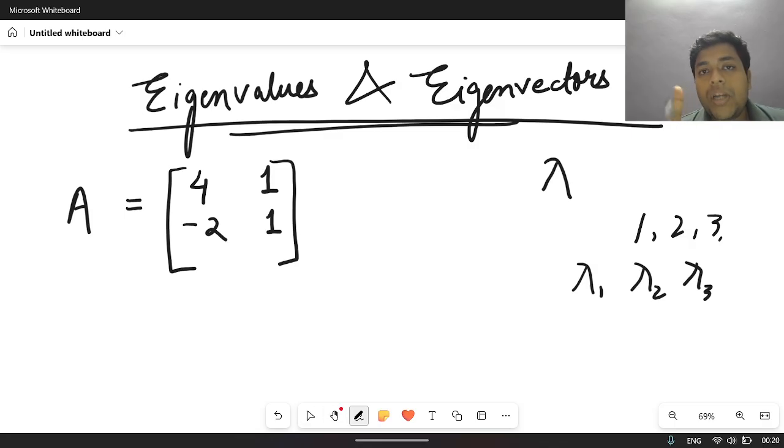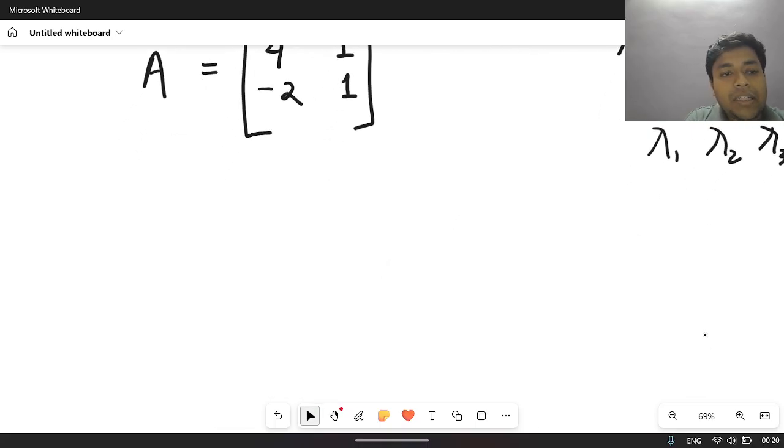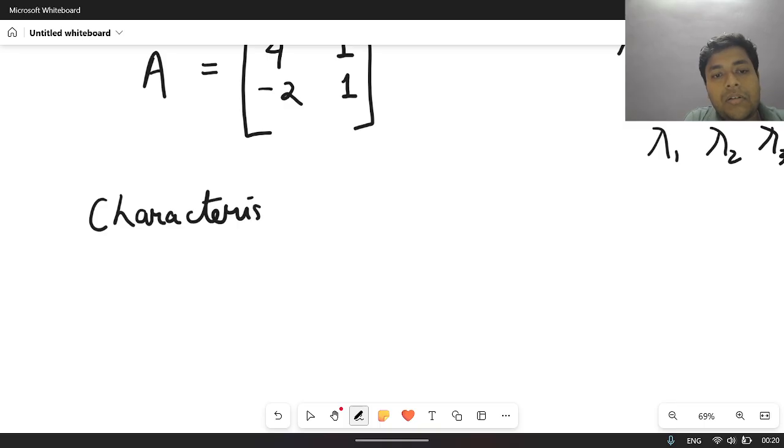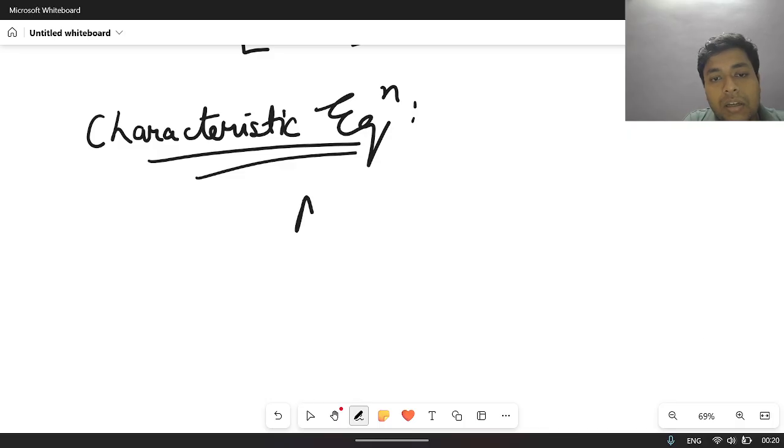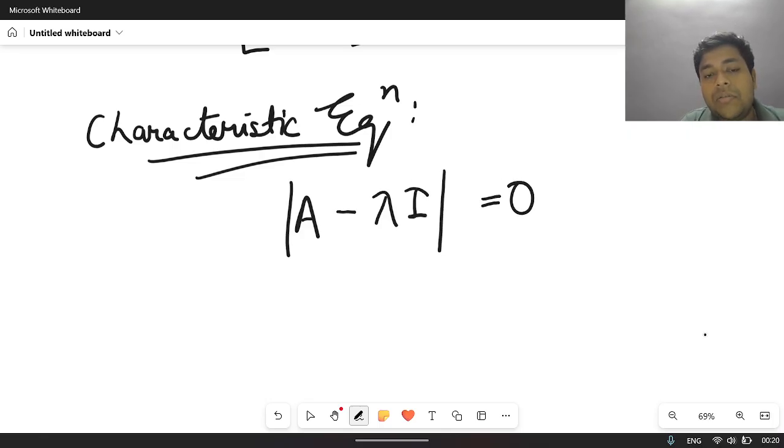Now there is one important equation which you need to remember, that is called the characteristic equation. Every question of yours will be solved with this. What is the characteristic equation? It's nothing but the determinant of A minus lambda I is equal to 0.